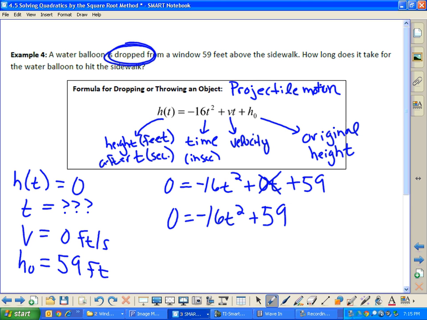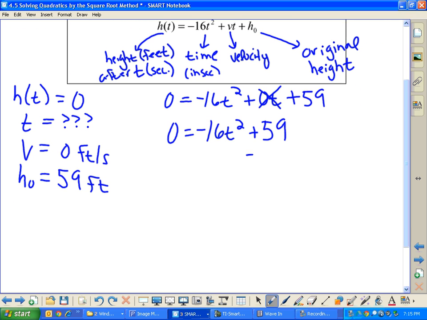And I could solve this by undoing. If it bothers you that the variable's on the right side of the equal sign, you could reverse this equation. I'm going to work with it as is. So I would subtract 59 from both sides. And typically I say no decimals, unless we're doing a problem like this where I want to know how many seconds it is. So we are going to use decimals just a little bit.